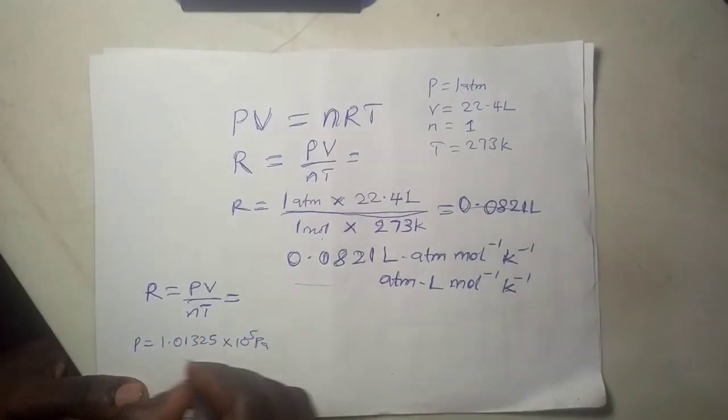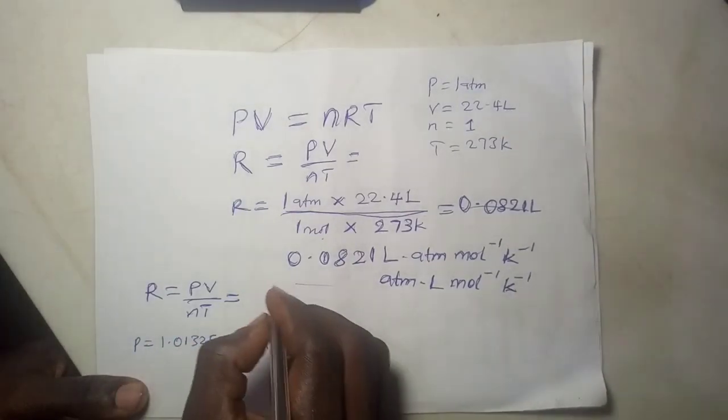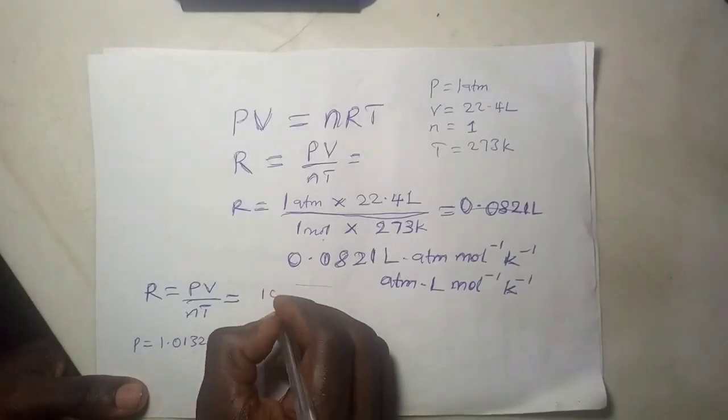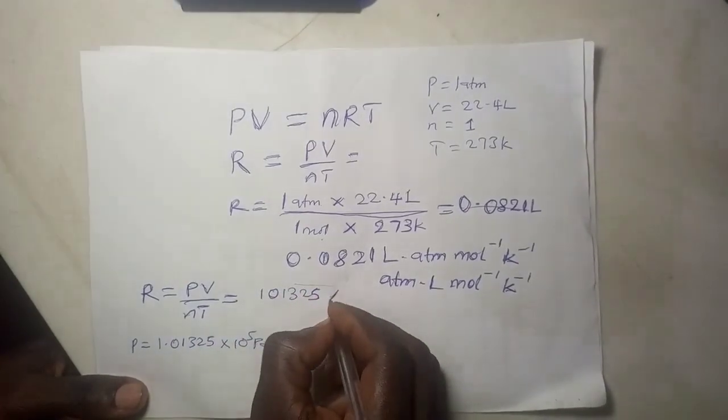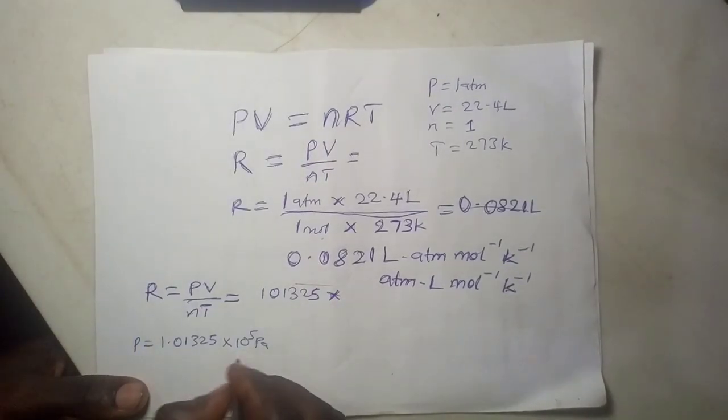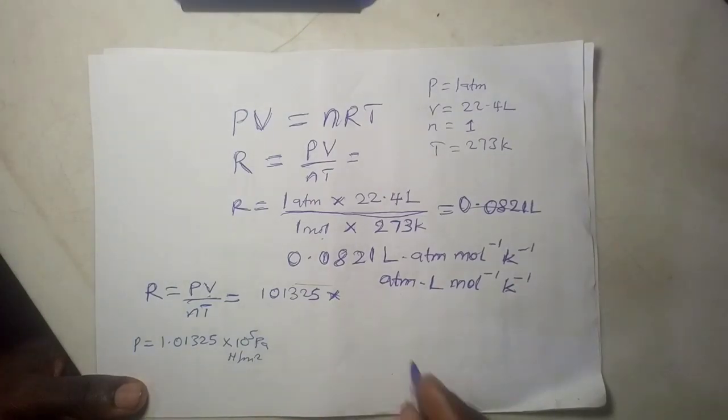If you remove it from standard form, you will have 101,325, and remember it is in Newton per meter square, so the volume will now be in meter cube.